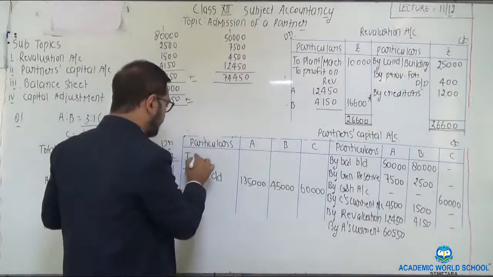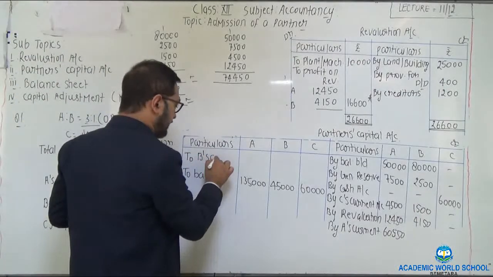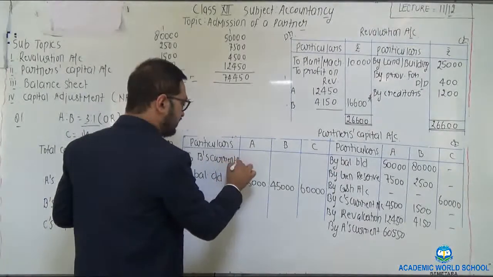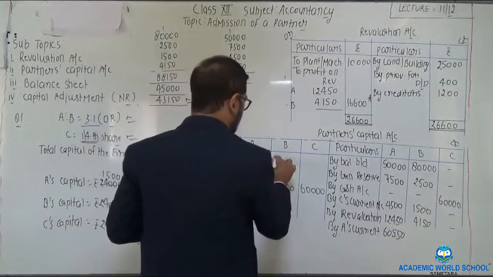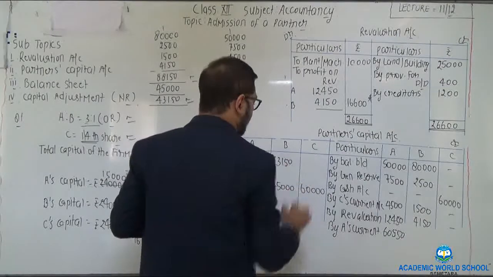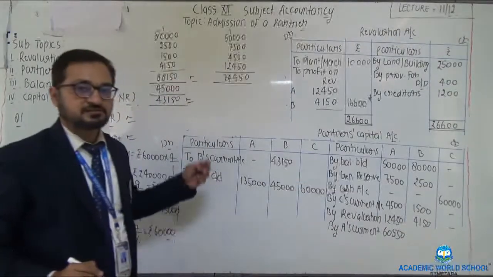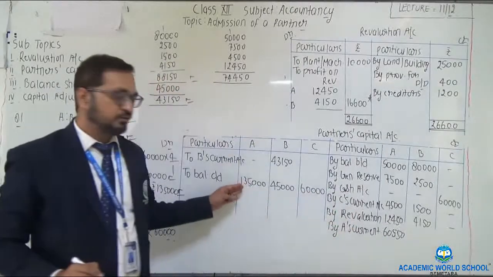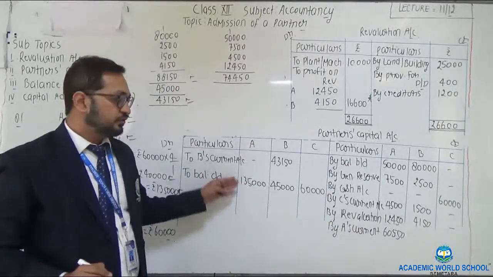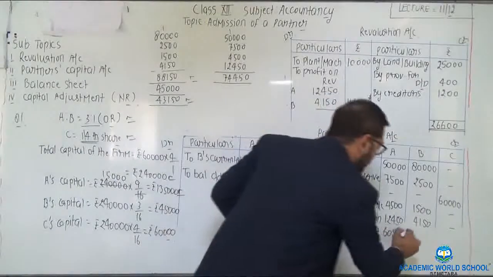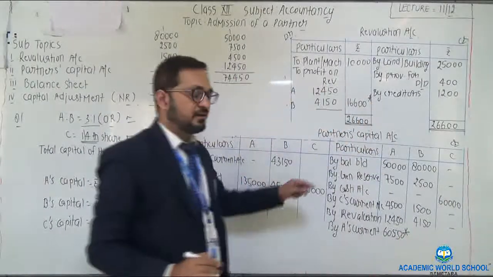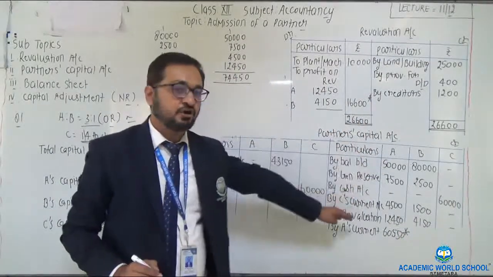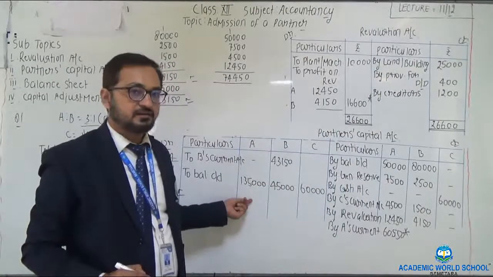So he needs to withdraw his capital after the admission of C, that is 43,150. Now see students, here the total of credit side is smaller and the total of debit side is bigger one. So the balancing figure we need to post on credit side, as the total of credit side is shorter than the total of debit side.